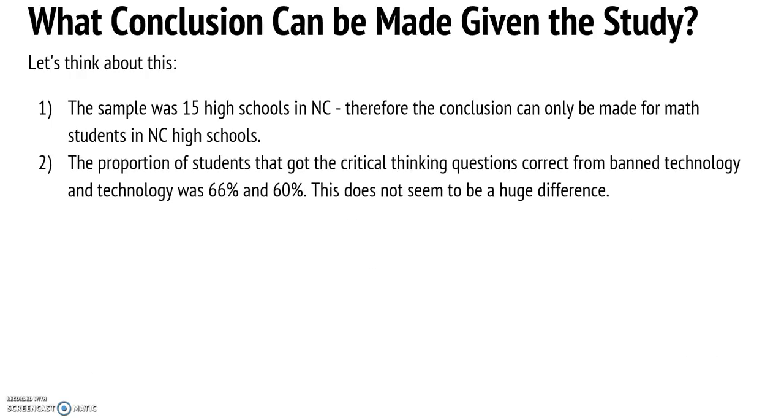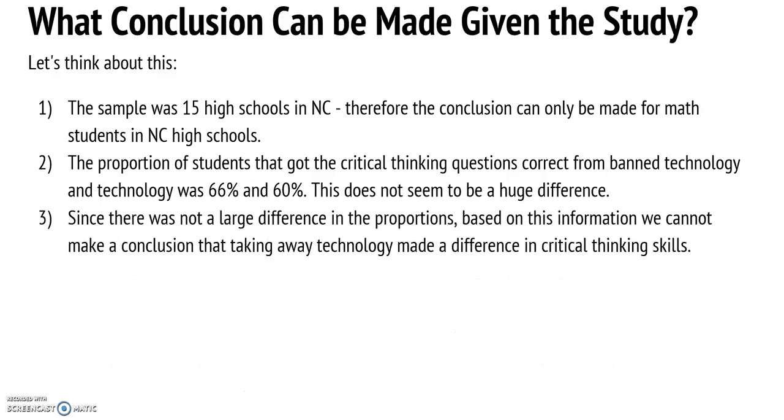The proportion of students that got the critical thinking questions correct from banned technology and technology was 66% and 60%. This does not necessarily seem like a huge difference in critical thinking skills when the difference was only 6%.